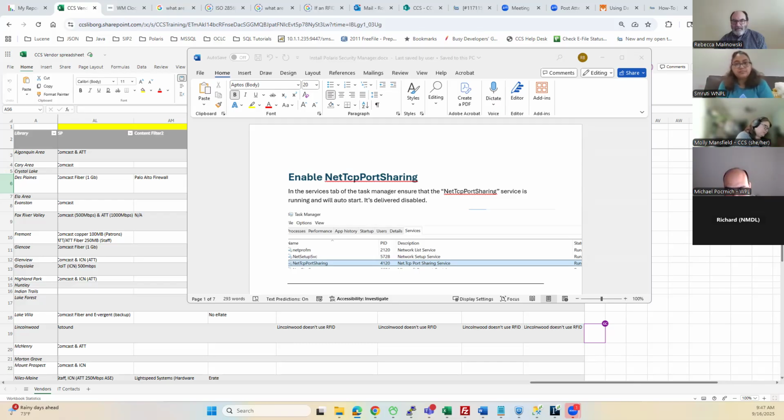Over the years, as libraries have added RFID to their solution, we've come across this many times. The last time I think was in 2023 when Indian Trails got on, and they were using RFID Square, and the ISO was 15693 and ISO 18000-3 mode 1. And that's really what the issue is.